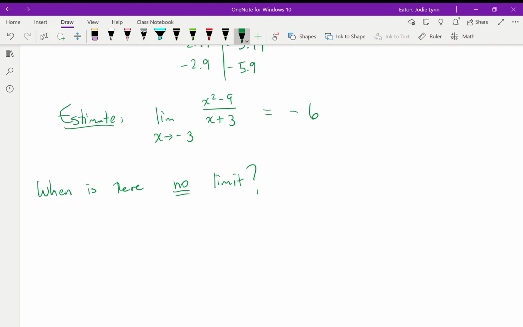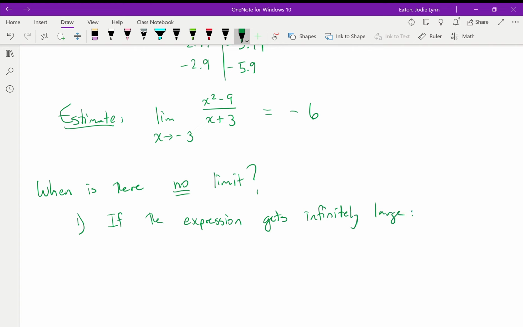Well, let's see. If the expression gets infinitely large.